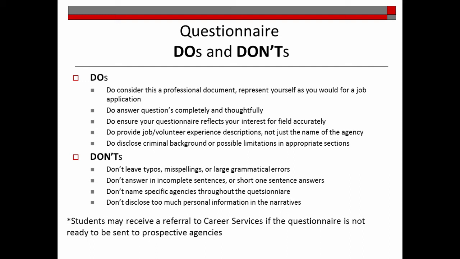I've had folks who've just had serving jobs that they were able to very appropriately link back to social work skills. And do disclose possible limitations or criminal background in the appropriate section. You'll note that this is a section that's not shared with agencies, but it is important for us to know as it can affect the type of agencies you're able to be placed at.